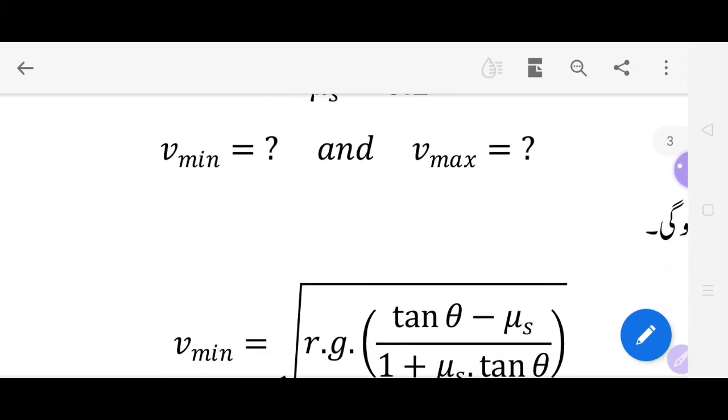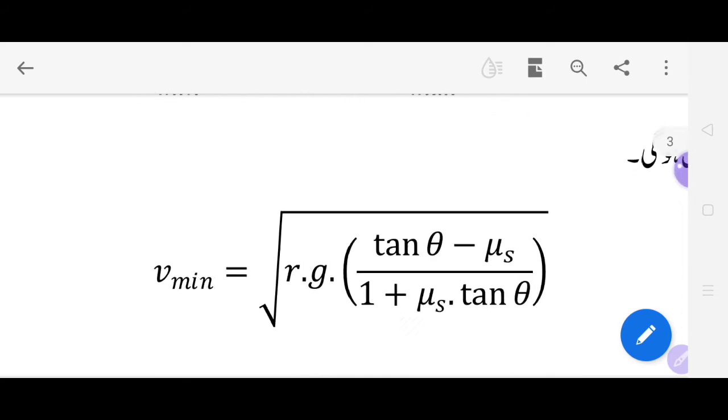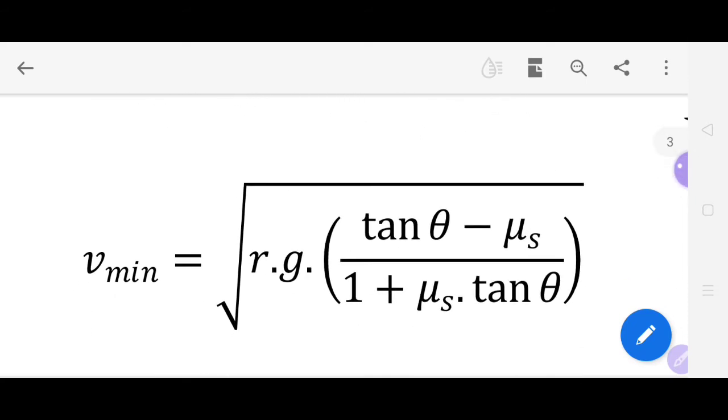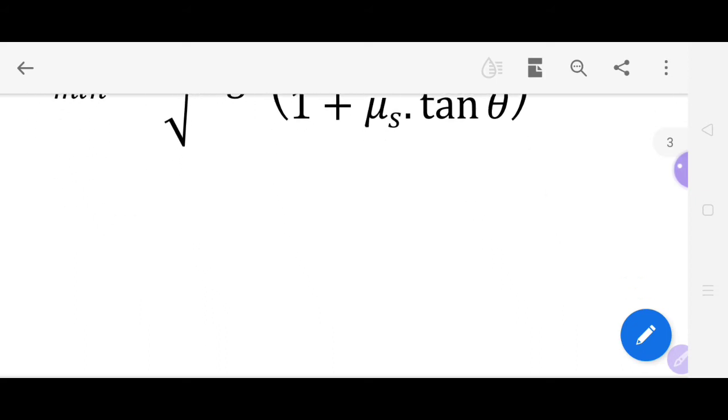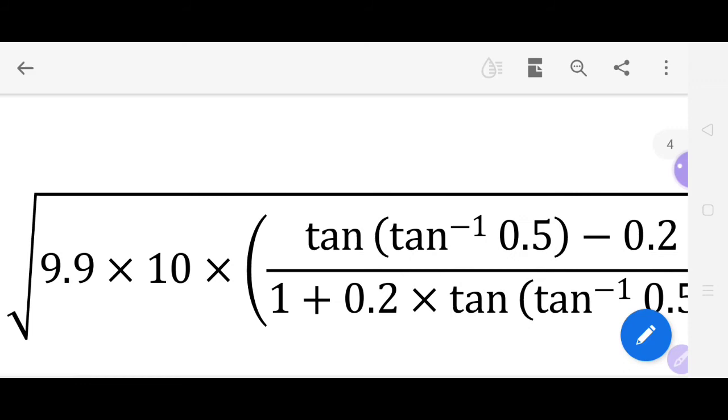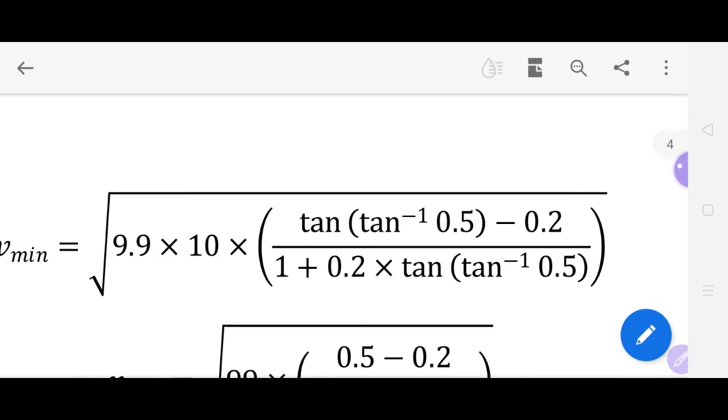Okay, now for the lower limit, we have the formula v minimum is equal to square root of rg in bracket tan theta minus mu s divided by 1 plus mu s into tan theta. Now putting all the values, we get v minimum is equal to square root of 9.9 into 10 in bracket tan of theta.